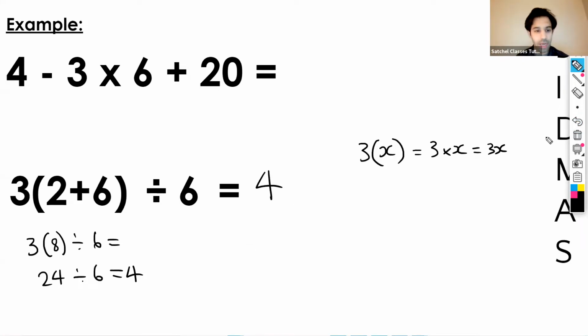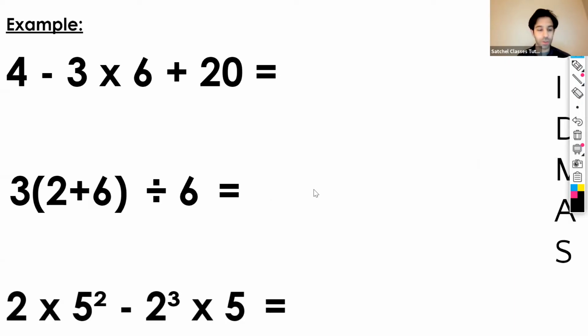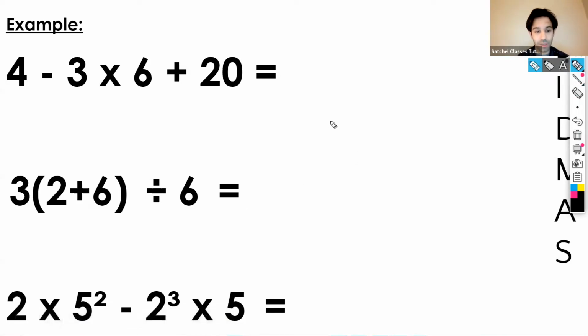All right, and if we rub this out and do the last example, now we are dealing with indices as well. So I'm going to first deal with the indices. So this is going to be 2 times 5 squared, which is 25, minus 2 cubed, which is 8, times 5. What does that give us?